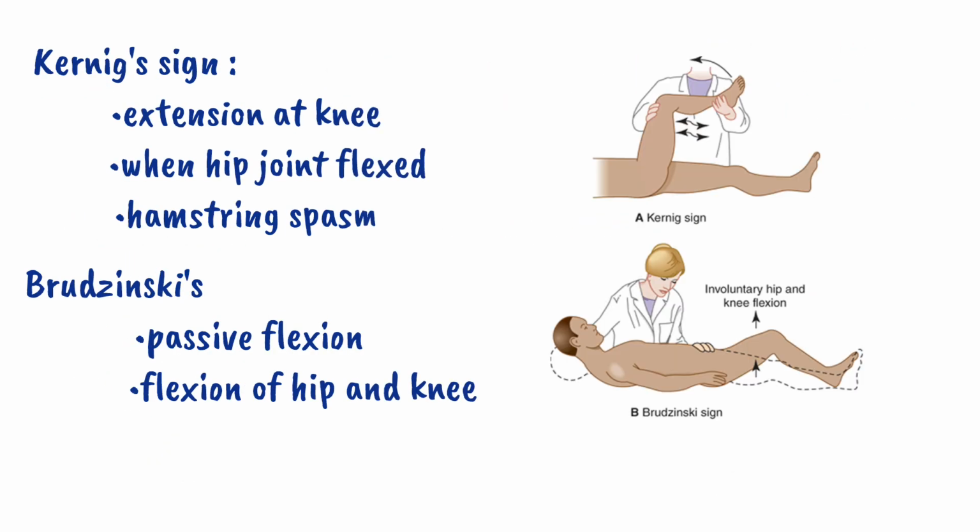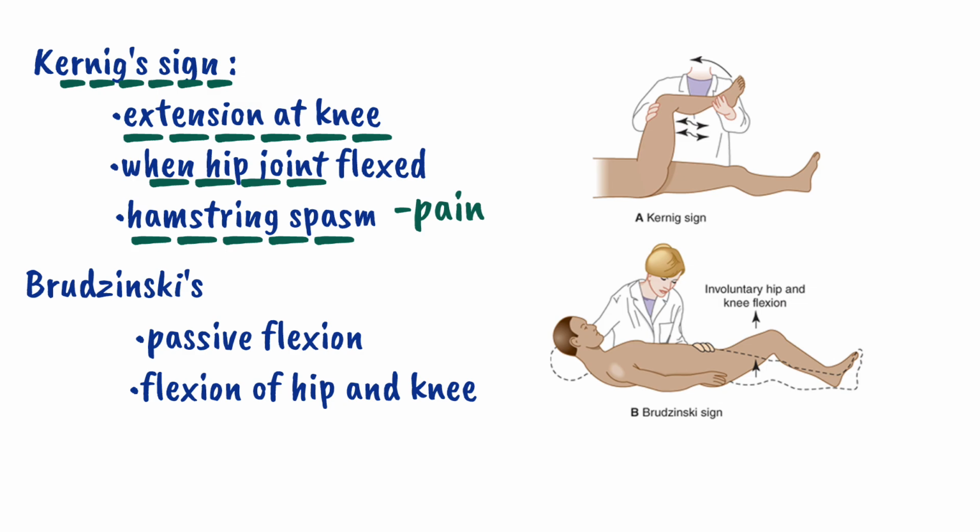The Kernig sign means when we perform the extension of the knee at the already flexed hip joint, it will produce pain due to the spasm of hamstring muscle. What does it mean? If you look at this diagram, the hip joint is already flexed. When we perform the extension above 135 degrees, the patient will feel severe pain due to the hamstring spasm.